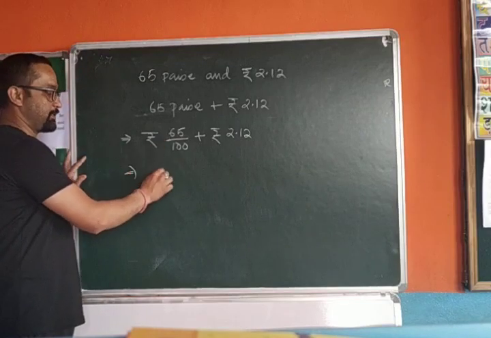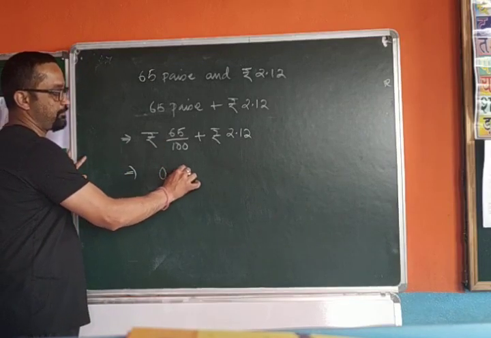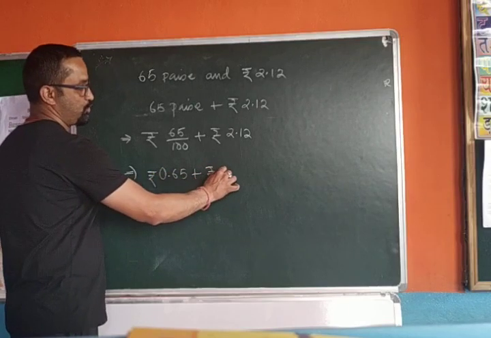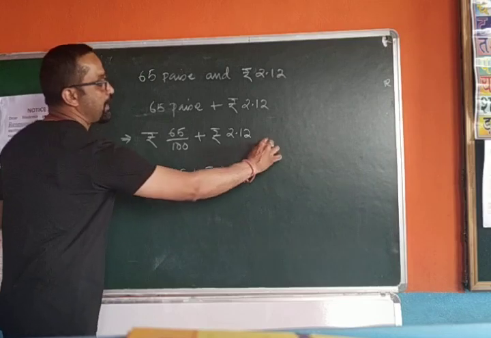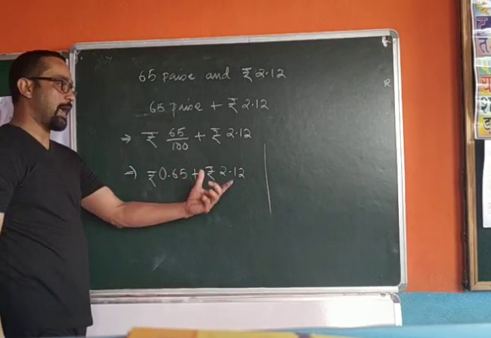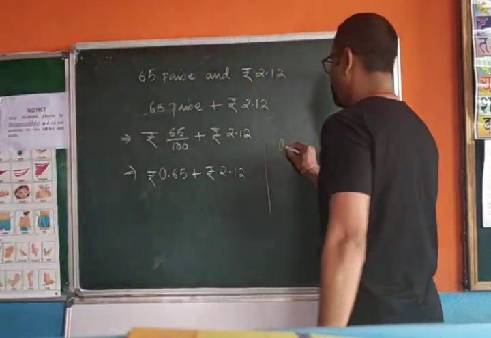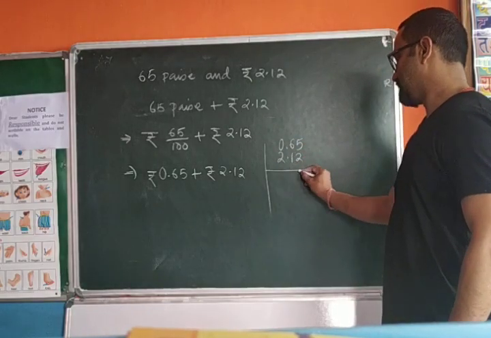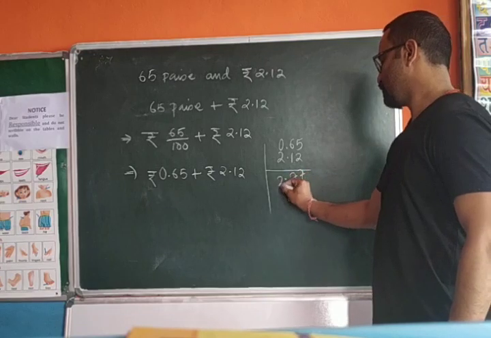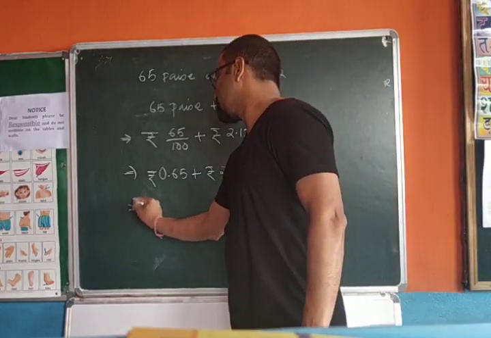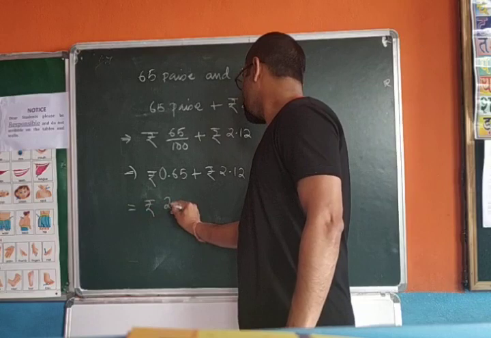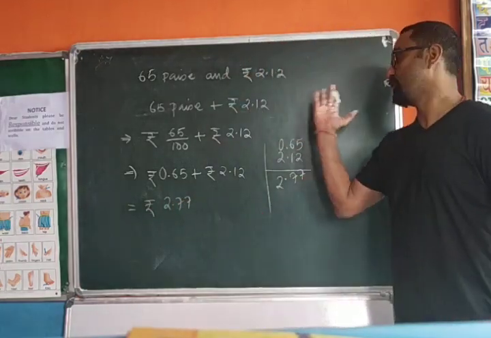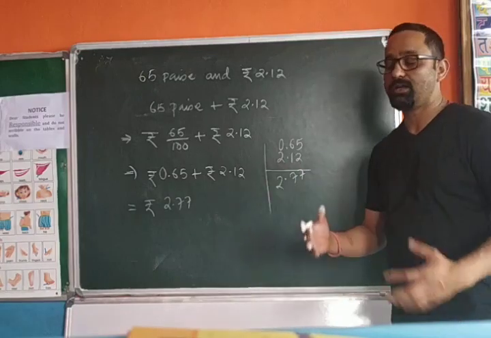Then you change it to 0.65 plus 2.12. Then you write at the side these numbers added up. 0.65, 2.12, add, 7, 7, 2. So you can write the answer here as rupees 2.77. You can proceed this way, or you can do the calculation at the side and add it up.